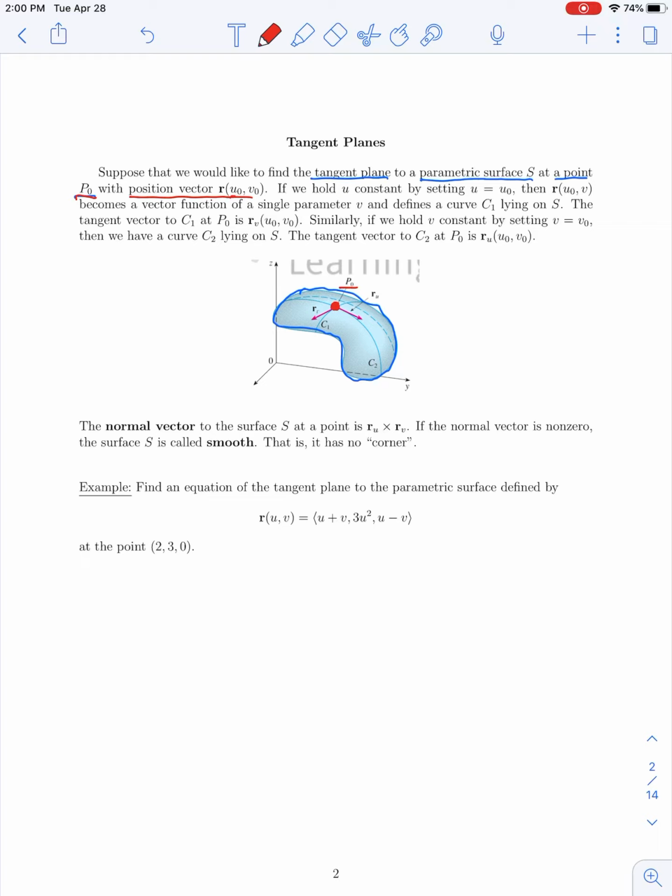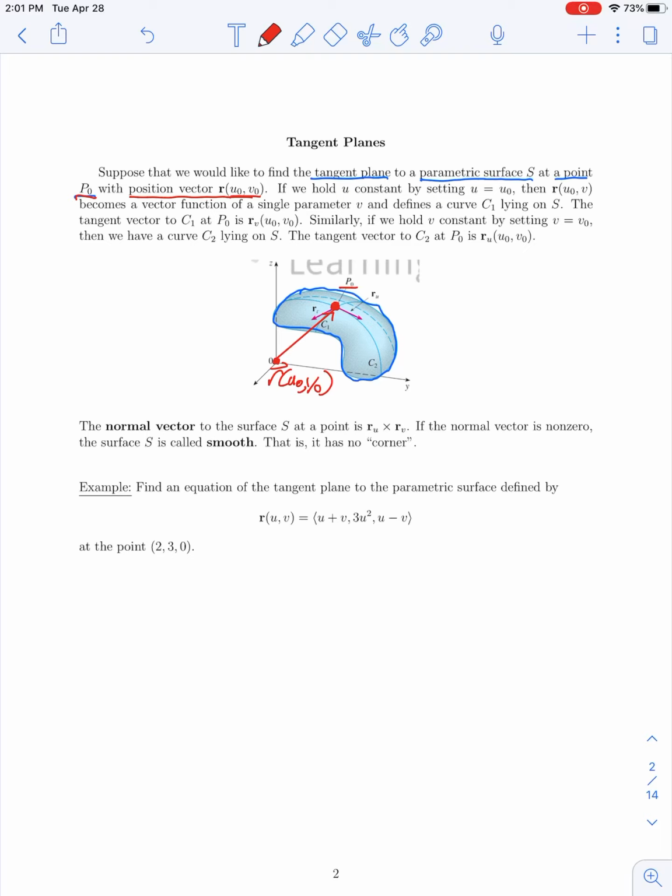So for some specific point u naught v naught, when I substitute that point into my vector function r, I get a position vector which corresponds to that point. So here, this is the graph of the position vector r of u naught v naught. So it defines some point on my surface.